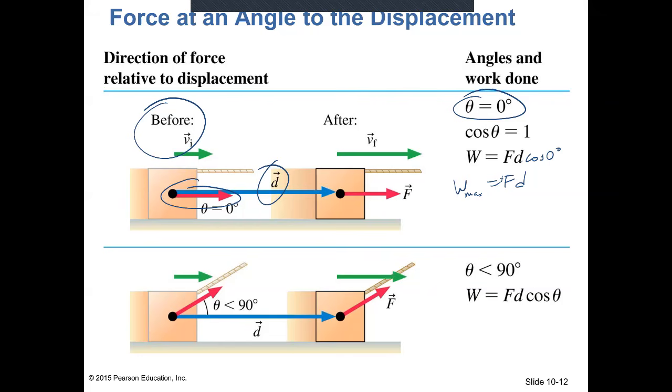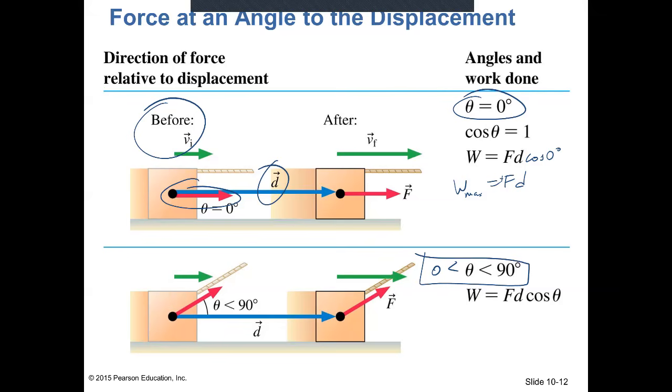So basically, it's greater than 0 but less than 90. Well, in that case, you're still doing positive work because if you plug in cosine of 60, 70, 30, 20, you're going to get a positive number. But the closer theta is to 90 degrees, technically the smaller the effect of the force on the amount of work done. But it's still positive as long as this condition is satisfied.